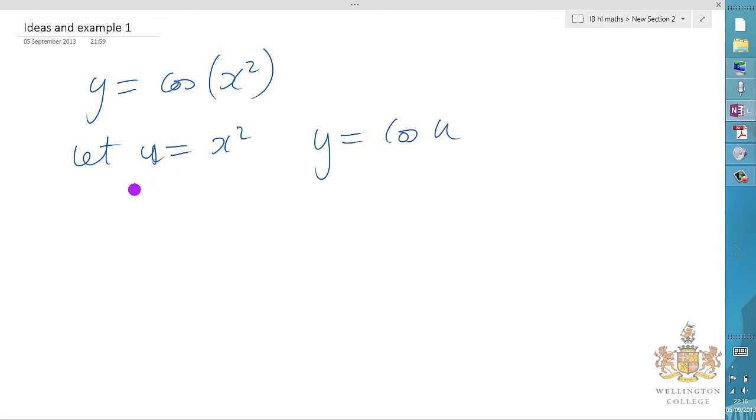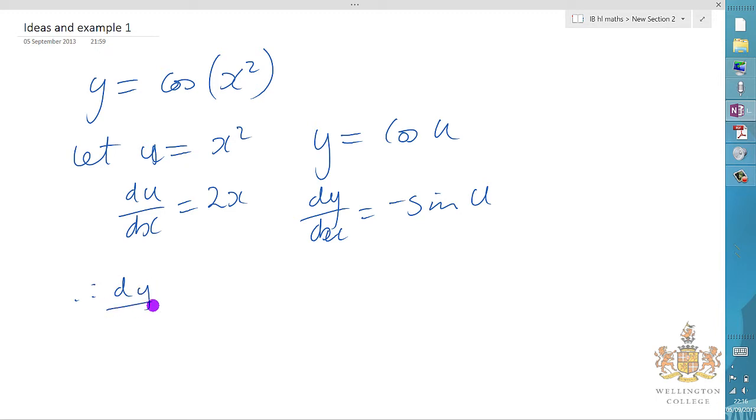Differentiate that, and we've got du by dx equals 2x, and dy by du equals minus sine u. So therefore, dy by dx equals dy by du times du by dx.